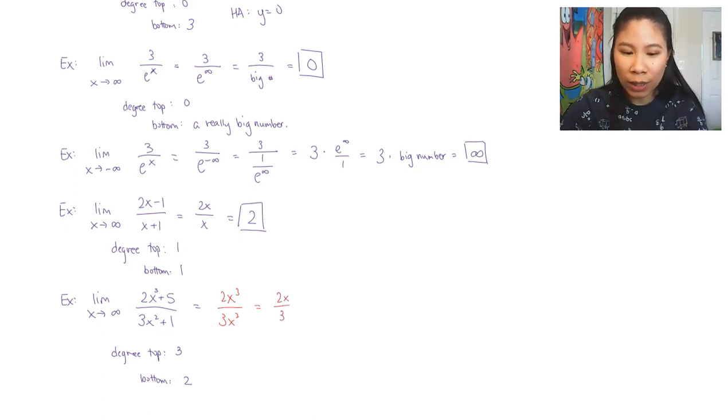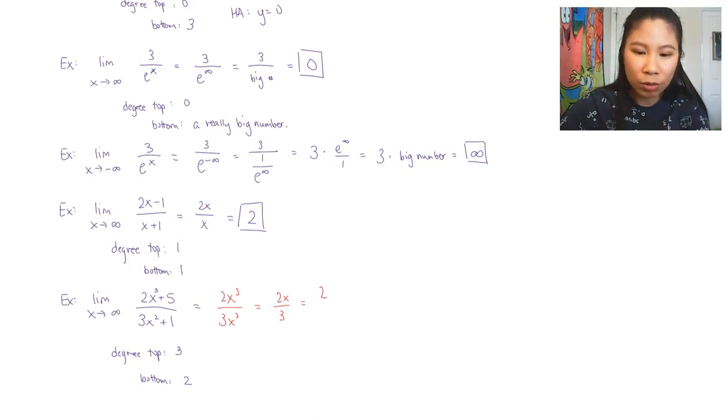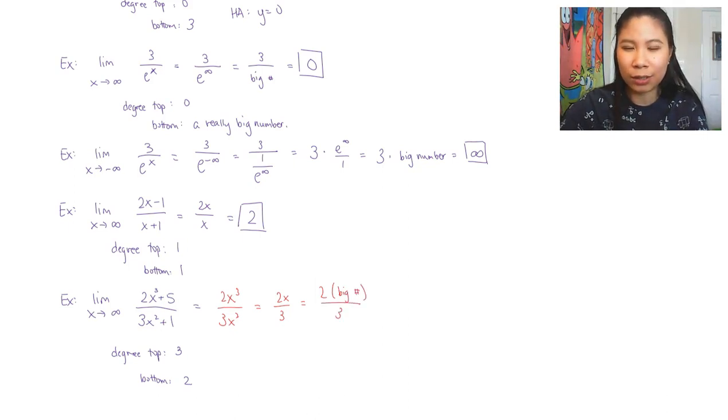So now when you plug in infinity, it's like doing 2 times a big number divided by 3, which is still going to be a huge number, because if you multiply anything by a huge number, you're going to get a big number. So the limit would be infinity here.